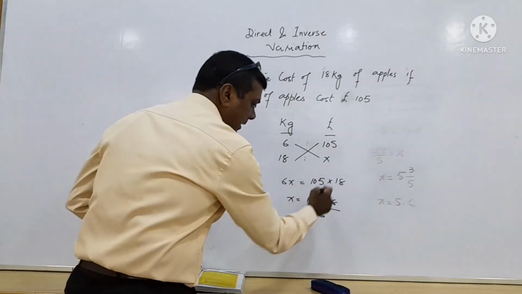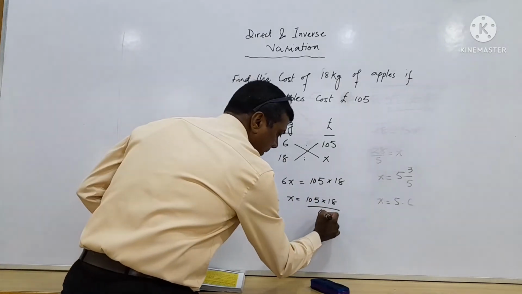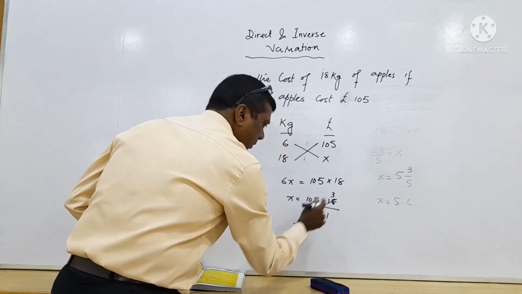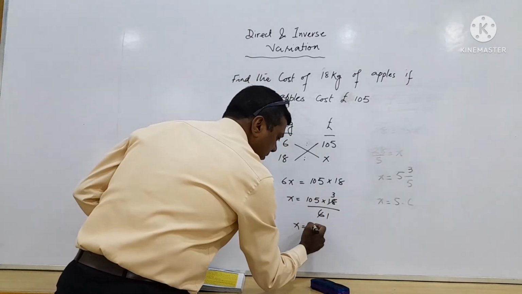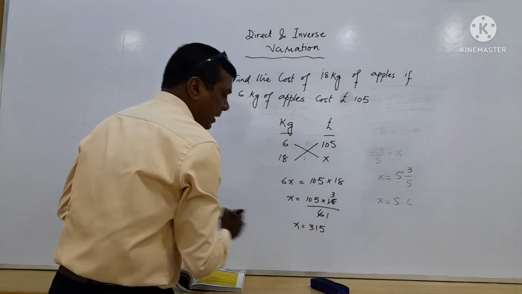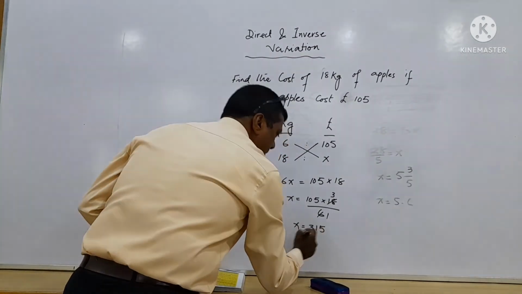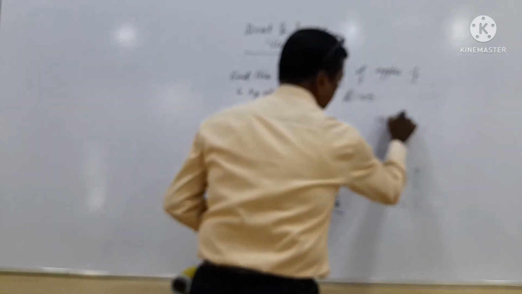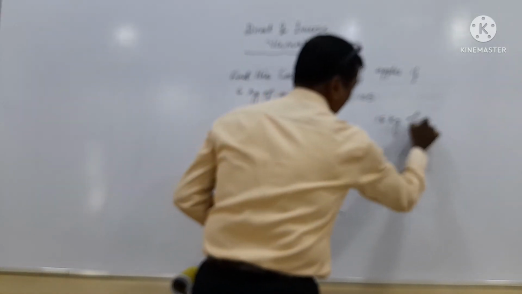And then I can see that I can simplify this, 6 times 1 and 6 times 3. So my x is equal to 3 times 105, which is 315.